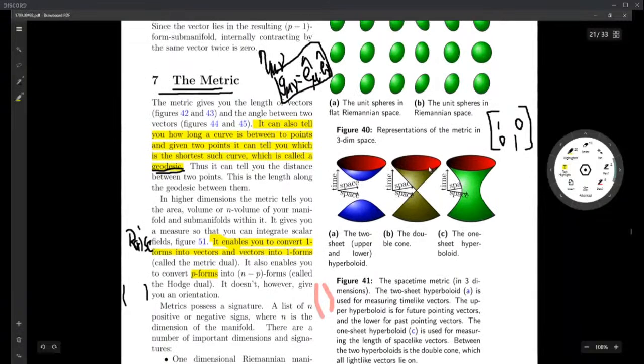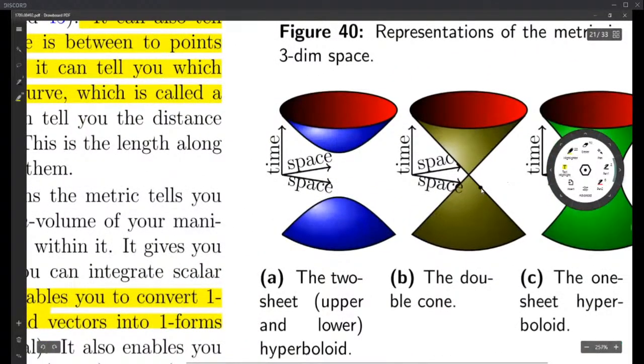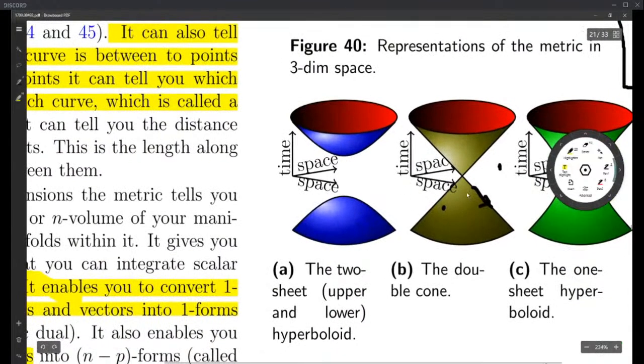There are 3 ways of classifying vectors, and it all depends on this light cone. So I'll just zoom in. If my vector lies on this, it's called a light-like vector. If it lies in here, it's space-like. If it lies outside it, it's called time-like. That is to say, if I calculate the length here, it will be larger than 0.